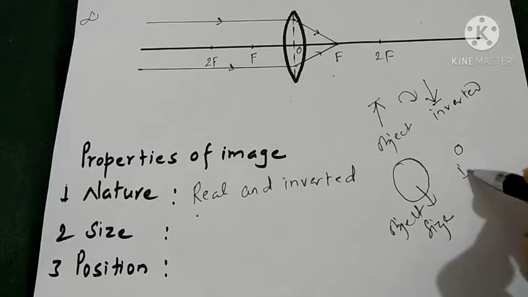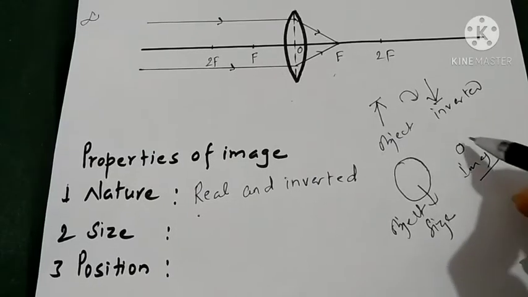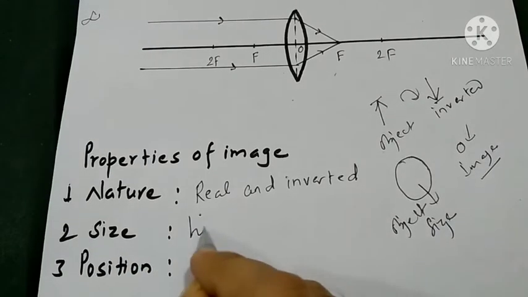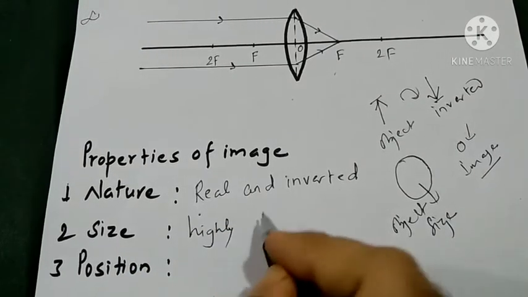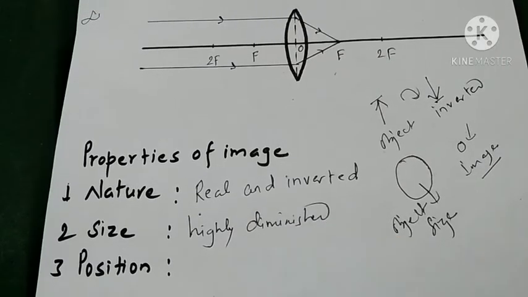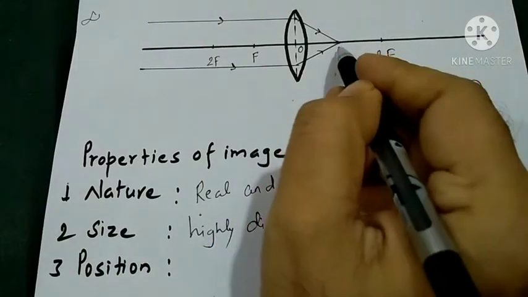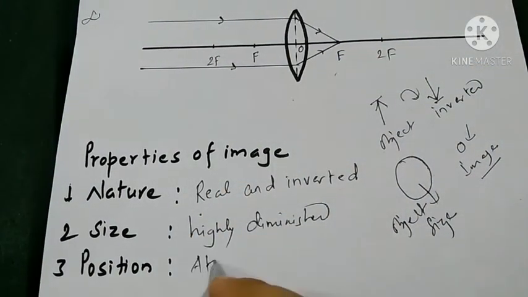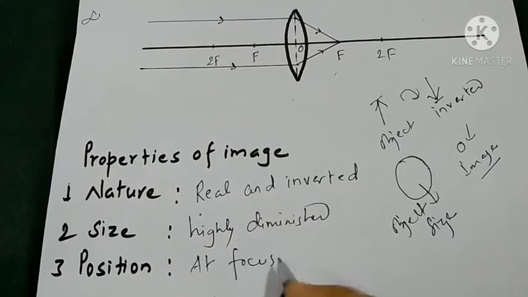See here, image highly diminished, very small. So position is the image is formed at this point. It means the position is at focus.